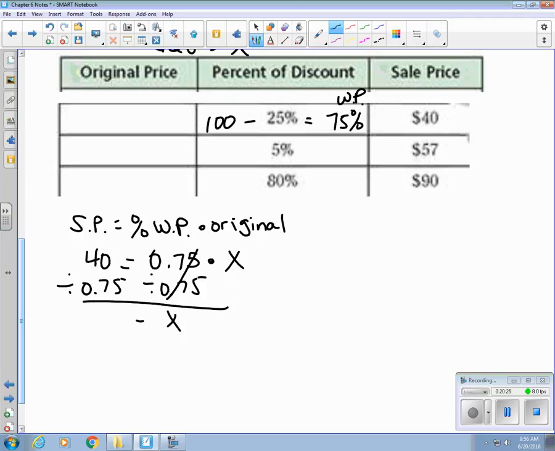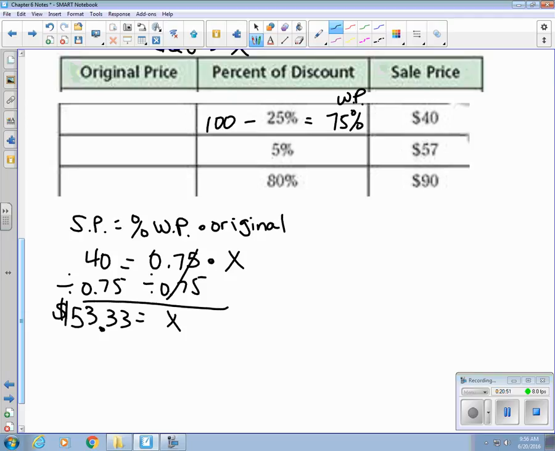And we're going to end up with X is equal to, let me do that on the calculator, $53.33 if we round it. And since money only has dollars and cents, we have to round to the second decimal place. So 40 divided by 0.75 is $53.33.